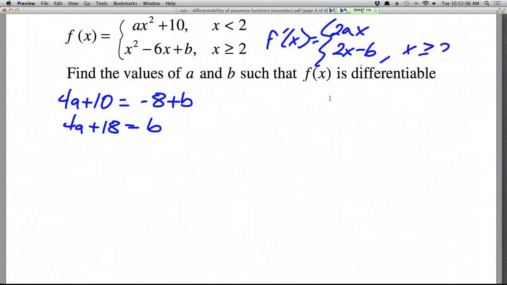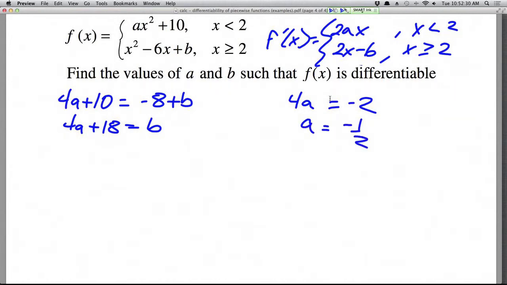So x greater than or equal to 2, x less than 2. Courtney, what's next? Plug in again, and technically what am I doing again? Finding the limit. So I plug in, that gives me 4a. Plug in, that gives me negative 2, so that means a is negative 1/2.